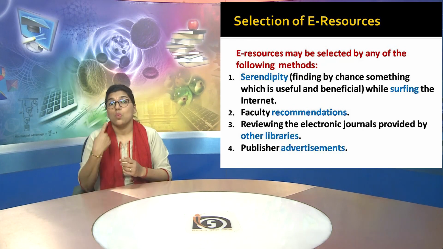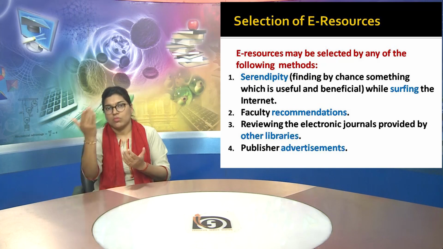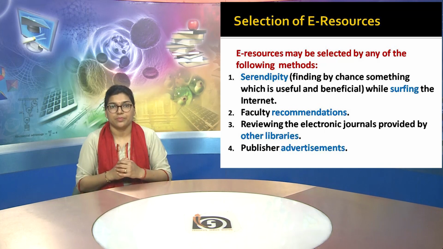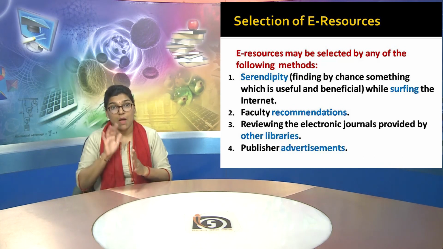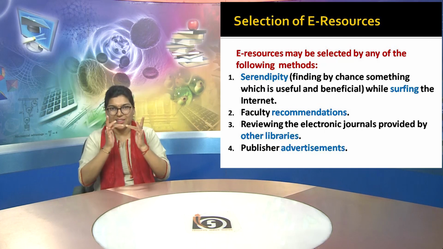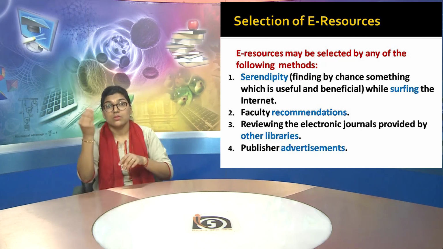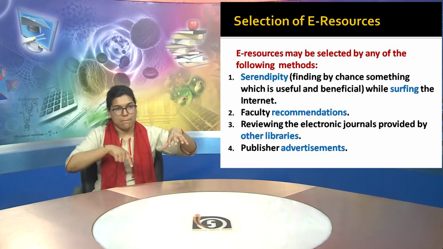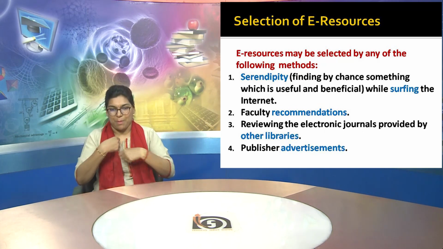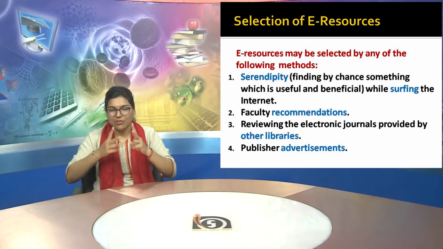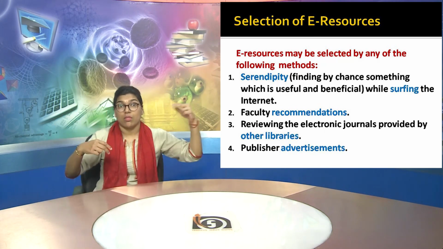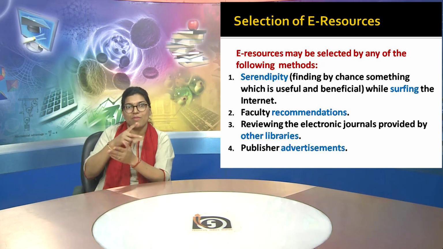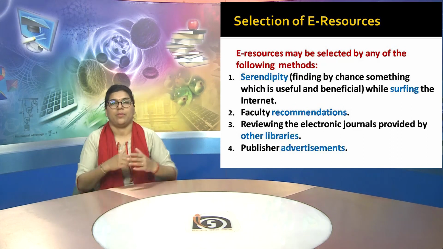Another method of selecting the e-resource is the faculty recommendations. The third method of e-resource selection is reviewing of the electronic journals which are provided by other libraries. So this is another method for finding the e-resource.